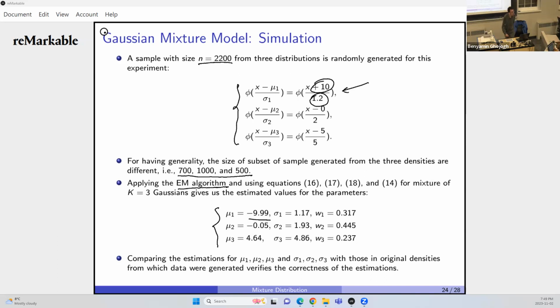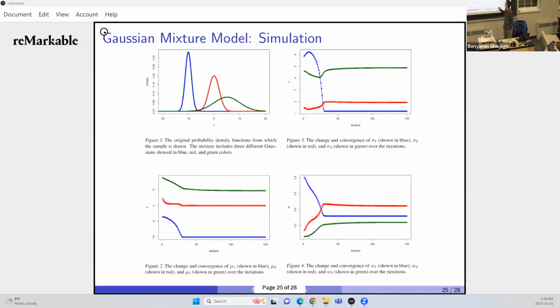So the converged one is -9.99. The actual mean was -10. Right? The standard deviation is 1.17. It was actually 1.2. Agree? So it's correct.